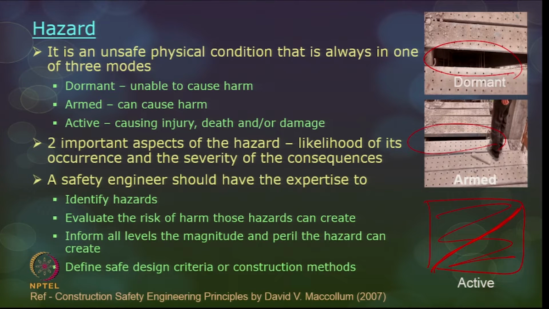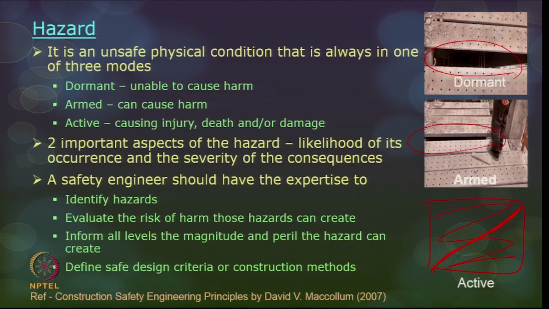A safety engineer or a safety supervisor should have the expertise to identify hazards. If these are the tasks planned for a particular week, he should be able to identify the critical operations to be carried out, the different hazards seen in those critical operations, and the harm those hazards can create. Hazard and risk have a little difference in meaning.